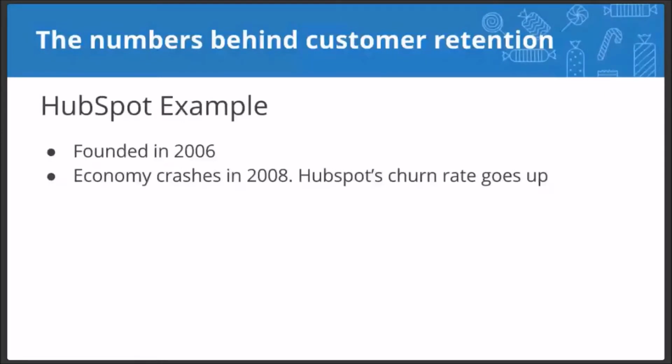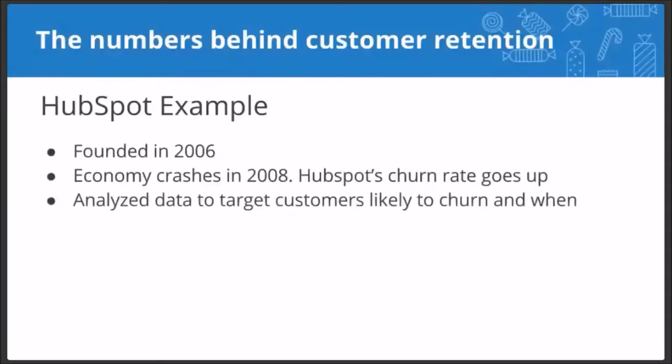A lot of HubSpot's customers canceled their accounts, and so their churn rate went up. What they did was a very smart tactic. Instead of saying, let's try to get as many customers as we can, which would have been a suicidal strategy, because a lot of businesses were going bankrupt and were not going to start spending money on a marketing tool.